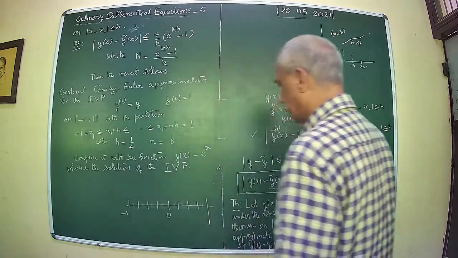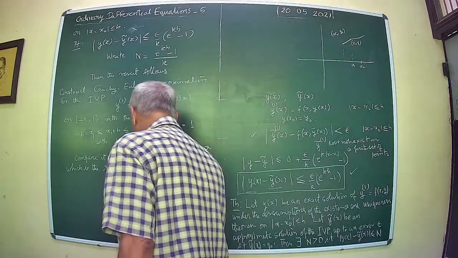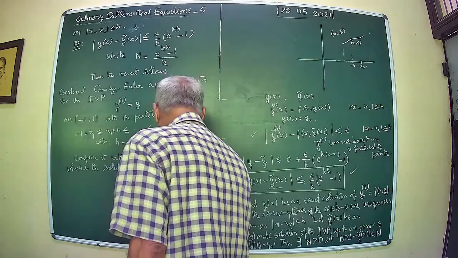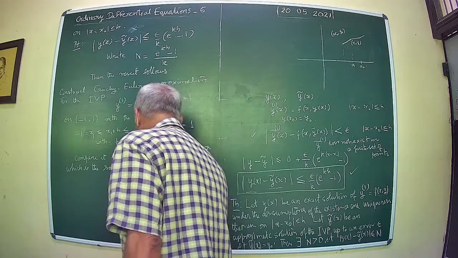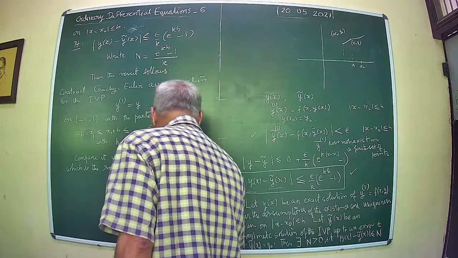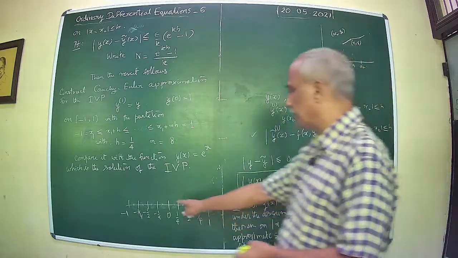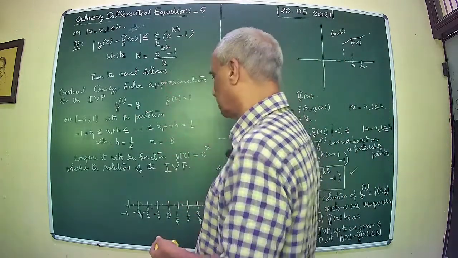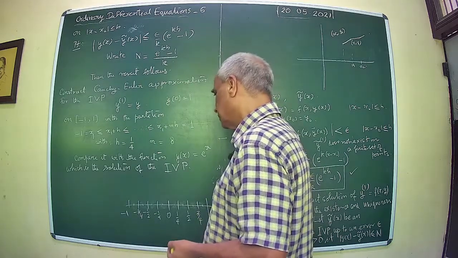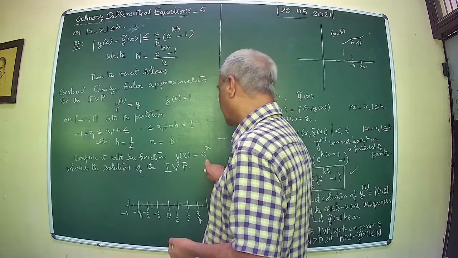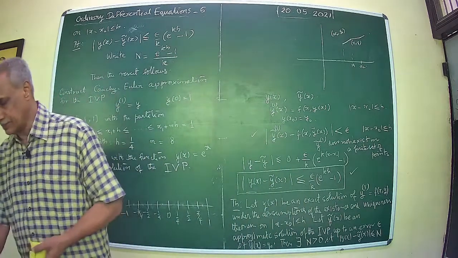Therefore, there are 8 subintervals of this. Okay, so this is minus half, this is half, 3 by 4, minus 1 by 4, minus 3 by 4, 3 by 4, 1. Starting from here, you compute the solution. Now compare it with e to the power x. That is the exact solution of that.